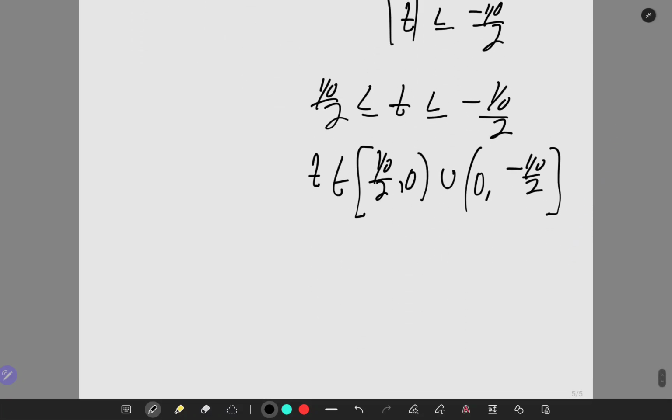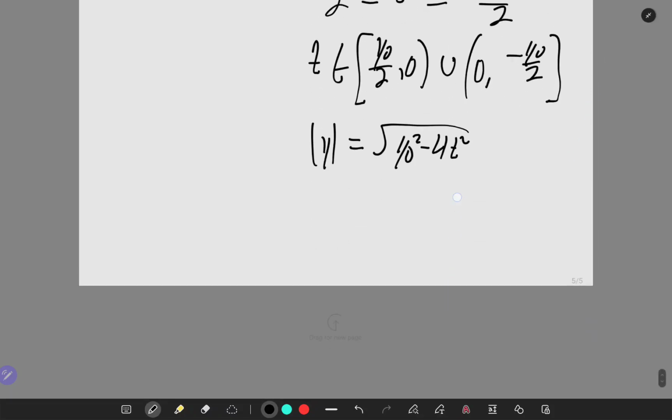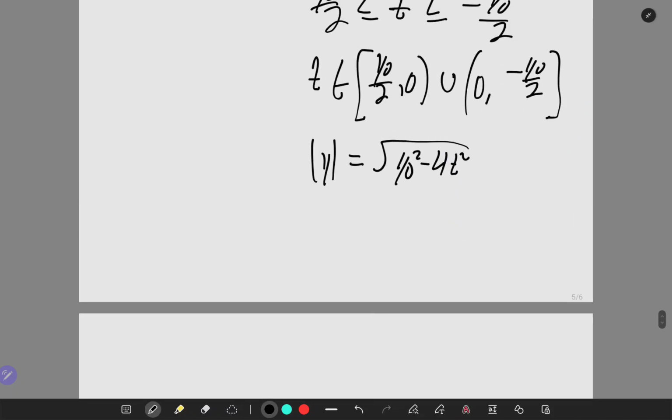So in this case, we would have something like this, right? But this time, the absolute value of y is not just equal to y. It's equal to the opposite. So it would be negative y. Right?